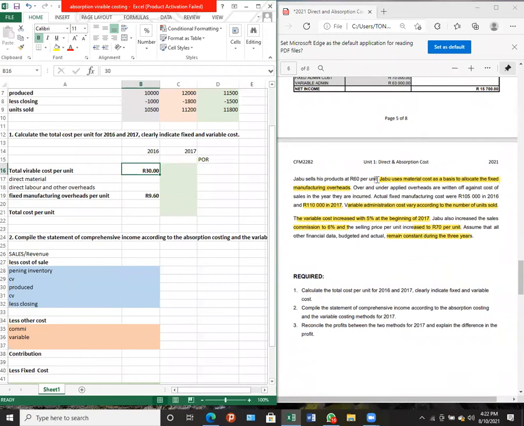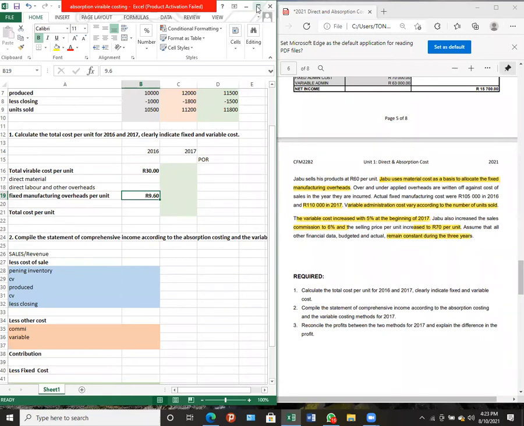But they told us to use the direct material cost as the basis to allocate the fixed manufacturing overhead. This one, guys, is very tricky. Please pay attention. Now I'm going to explain this.